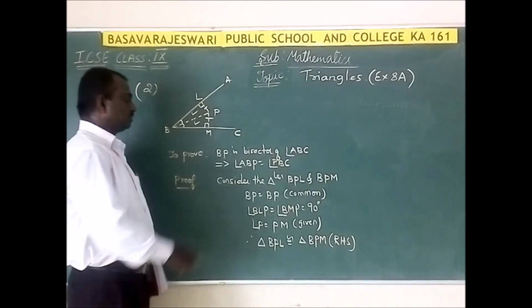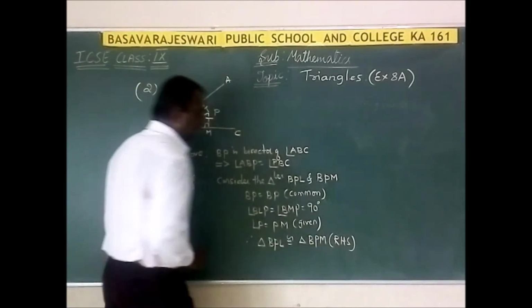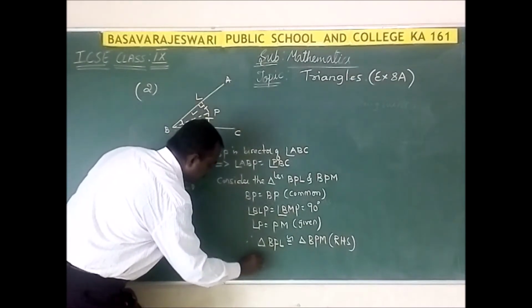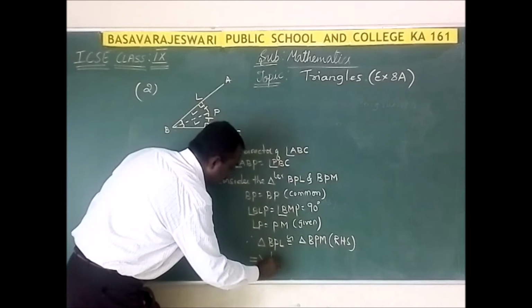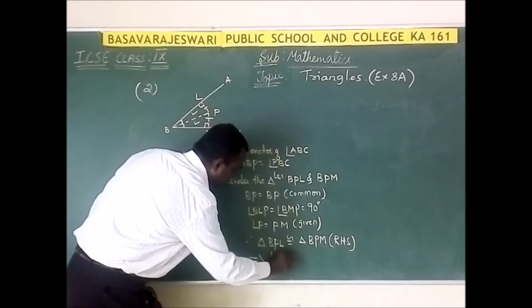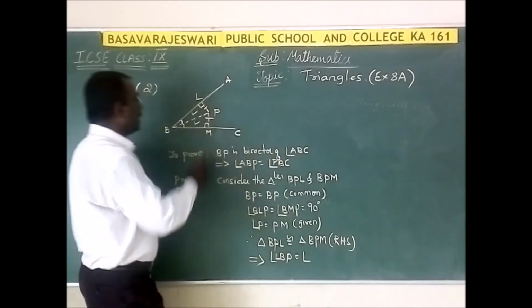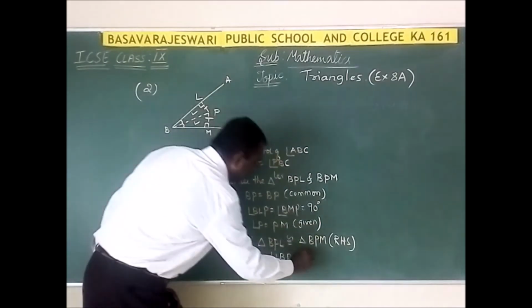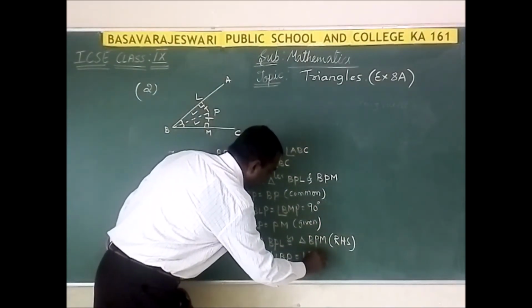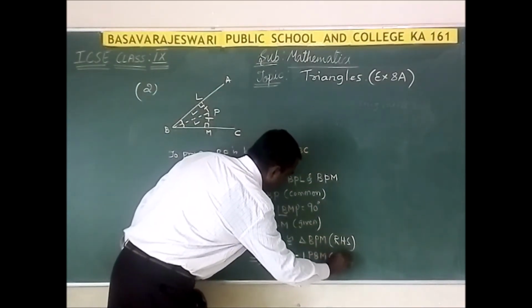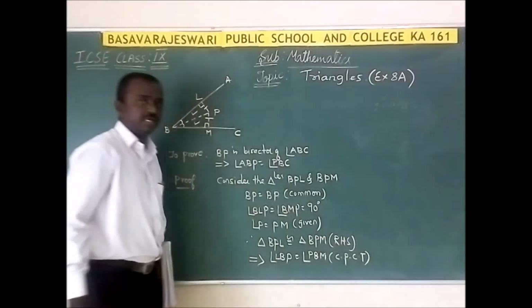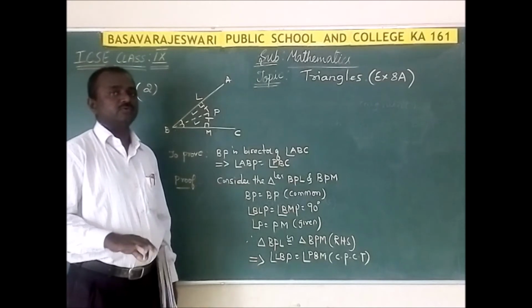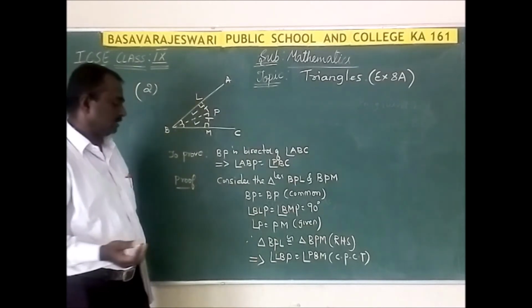So if these two triangles are congruent, what does it imply? Angle LBP is equal to angle PBM. CPCT, congruent parts of congruent triangles.